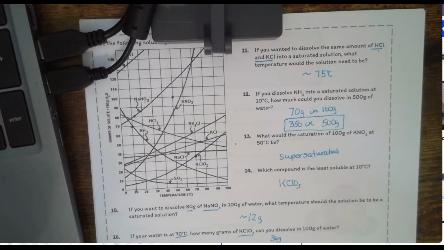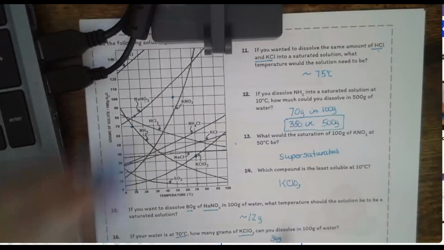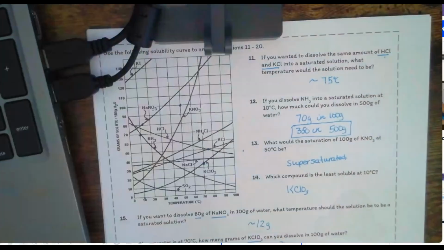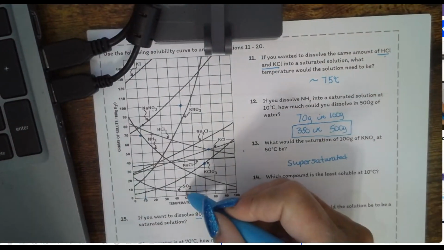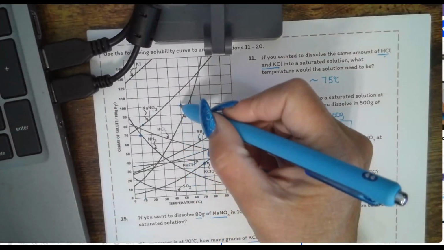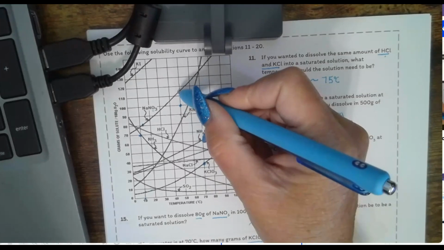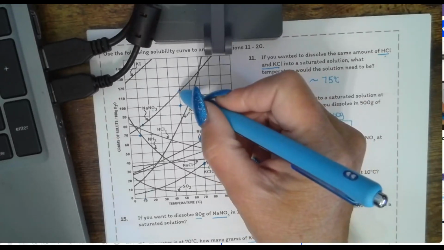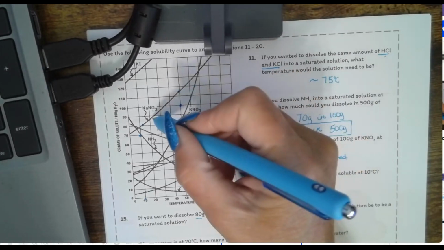At 50 degrees Celsius, which compound is most soluble? All right, so that's number 17. So if I want to know most soluble at 50 degrees, I'm going to start at 50 degrees. I'm going to go all the way up to the top of the graph. Now, in this case, I would accept one of two answers, okay? If you go to the top line on the graph, that's NaNO3.